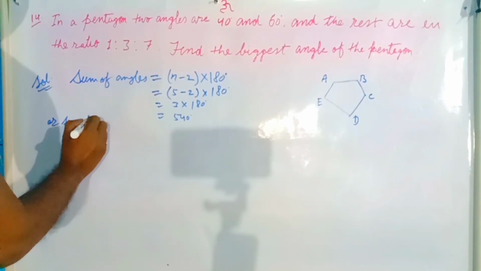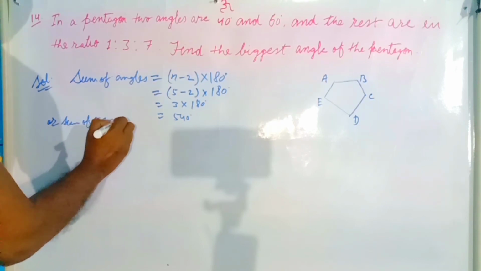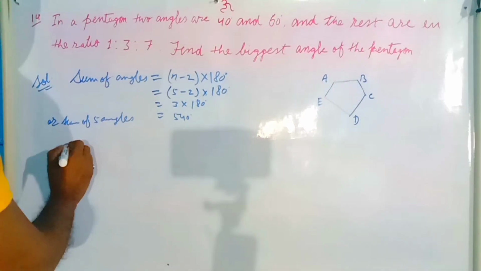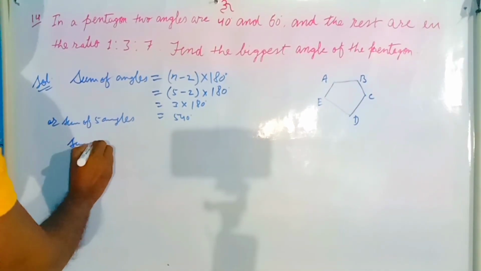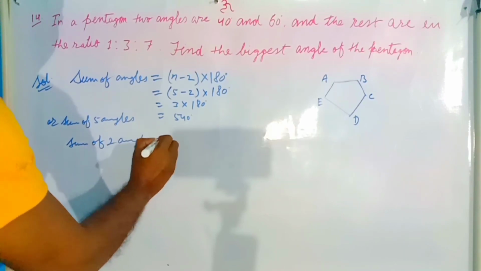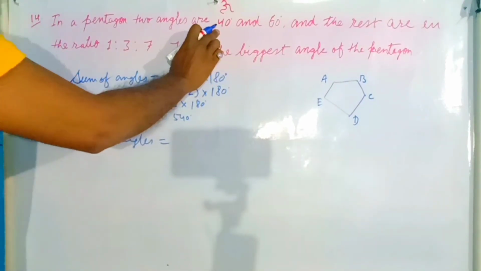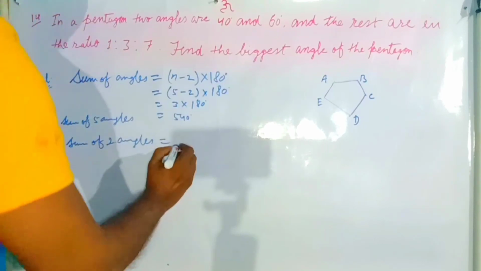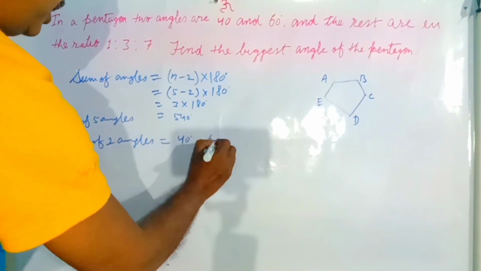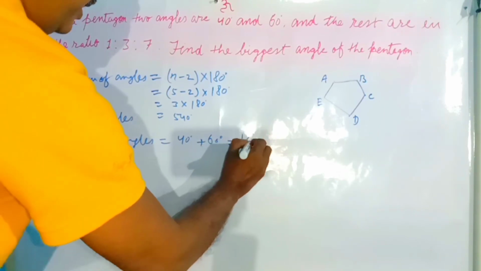It is the sum of 5 angles. Understood? Now we have the sum of 2 angles given in the question. The first one is 40 degrees and the second one is 60 degrees. So the sum of 2 angles equals 40 degrees plus 60 degrees, which is 100 degrees.